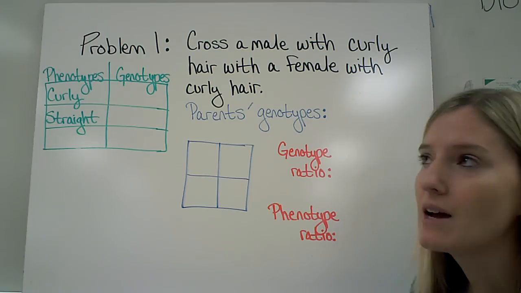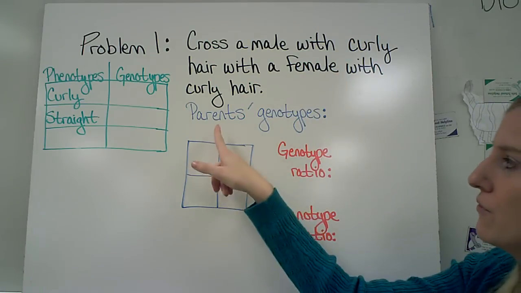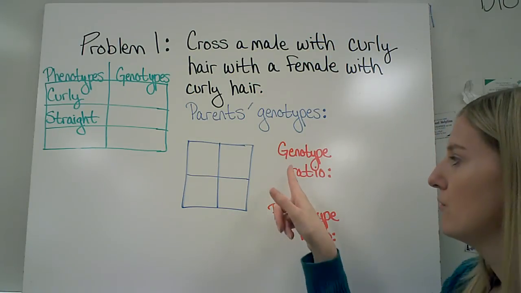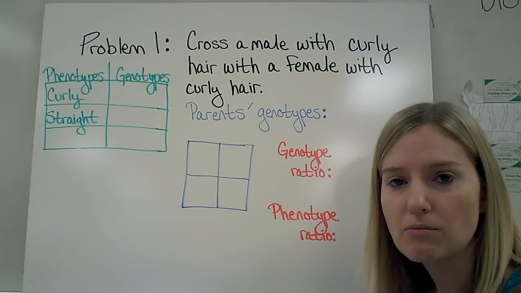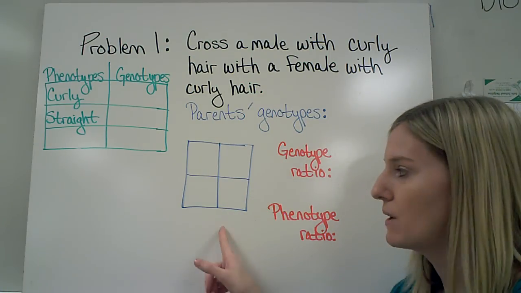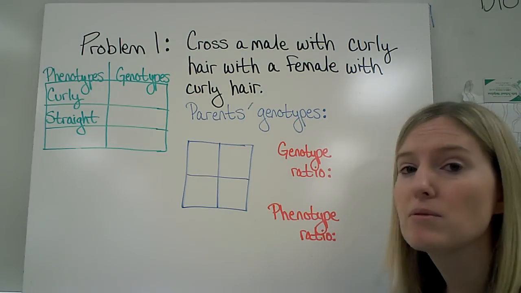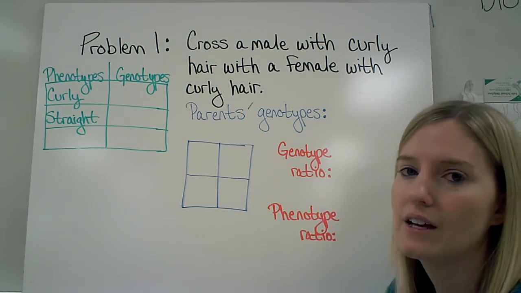So you'll take the same steps. You'll look at the problem, figure out the parents' genotypes, fill in the Punnett square, and figure out your genotype and phenotype ratio according to what you get in your Punnett square. Now would be a good time to pause it and write down the problem in your notes and figure it out.